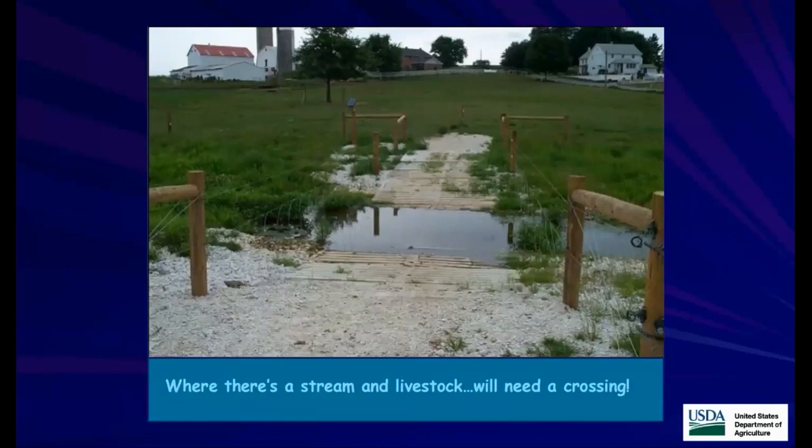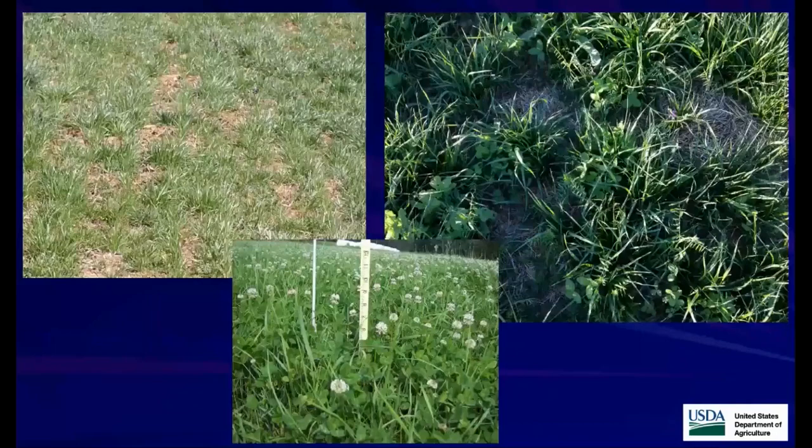And then just a little bit about forage species selection. We're really looking to have a diverse pasture species mix of grasses and legumes. You can see the upper left-hand photo. That's a new seeding that was done with a no-till drill.